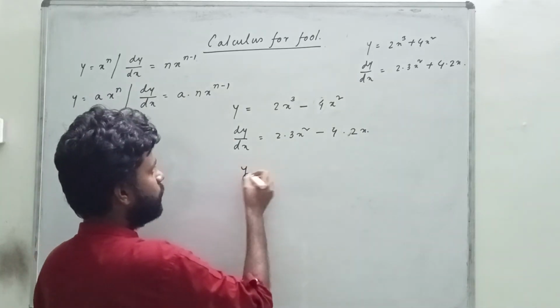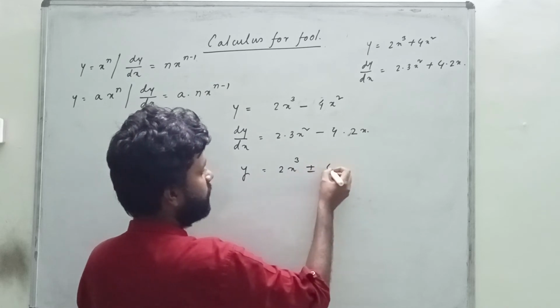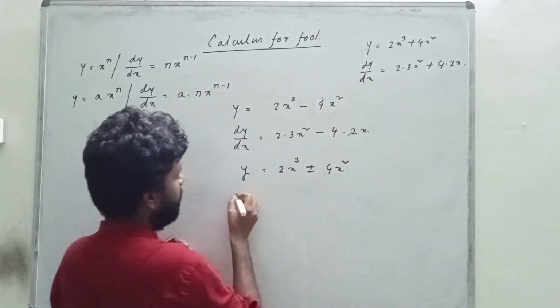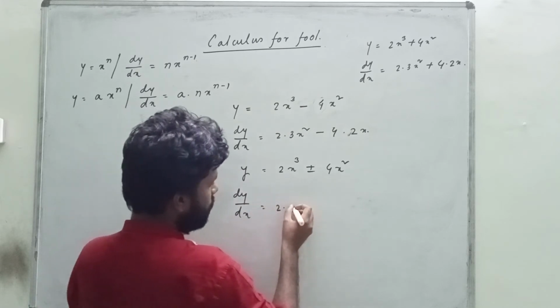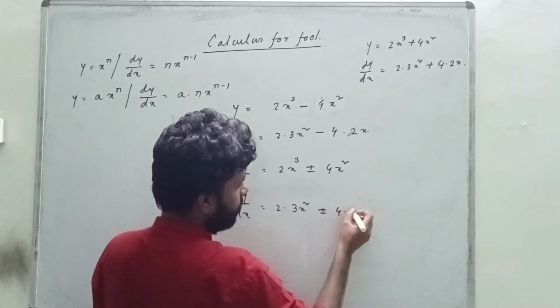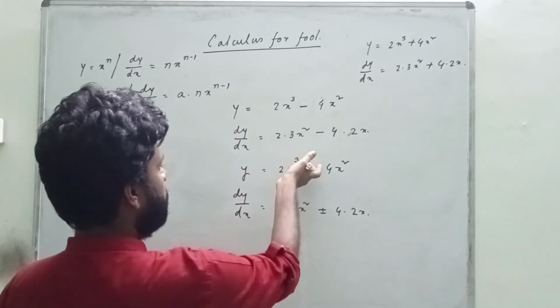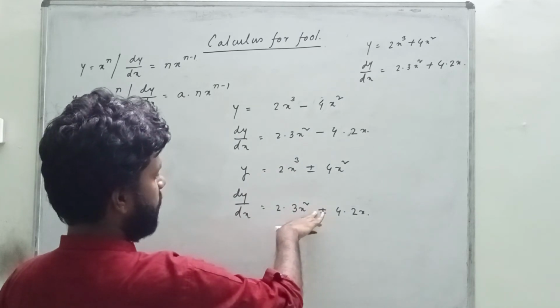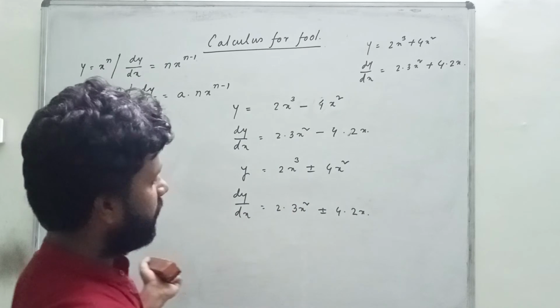If y equals 2x cube plus minus 4x squared, so dy dx goes to 2 into 3x squared plus minus 4 into 2x, right? If there is a plus, you will get plus here. If there is a minus, you will get minus here, right? Okay.